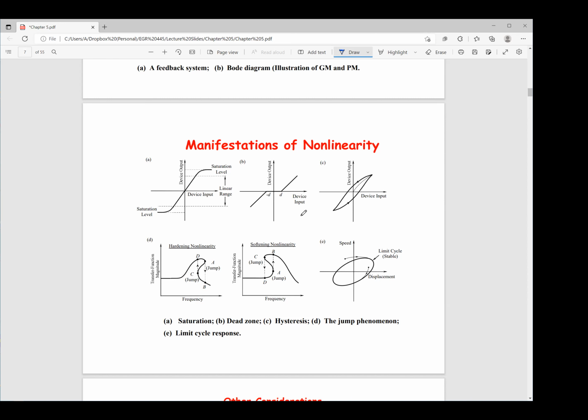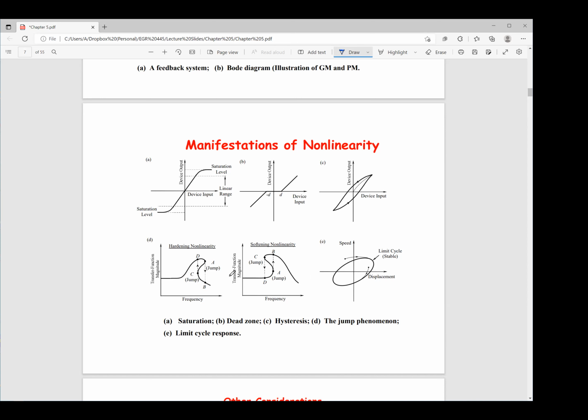Because as we discussed earlier, for linear systems, we know everything about them. But unfortunately for nonlinear systems with different types of nonlinearities, different types of saturation, jump phenomenon, hysteresis, the specifications specified by the linear analysis cannot be met.